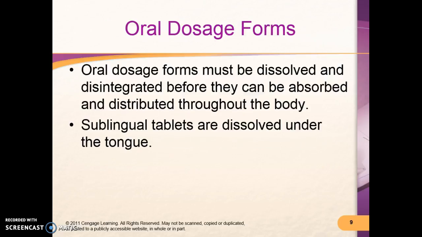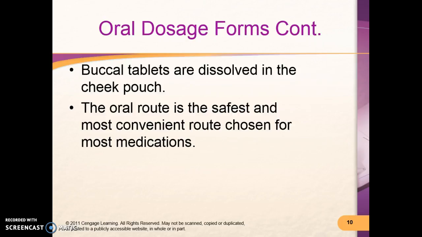Typically, our oral dosage forms have to be dissolved and disintegrated before they can be absorbed throughout the body. Specifically, sublingual tablets are dissolved under the tongue. So it has a little quicker mechanism of action, so it gets into the body a little bit quicker. So buccal are similar to that.